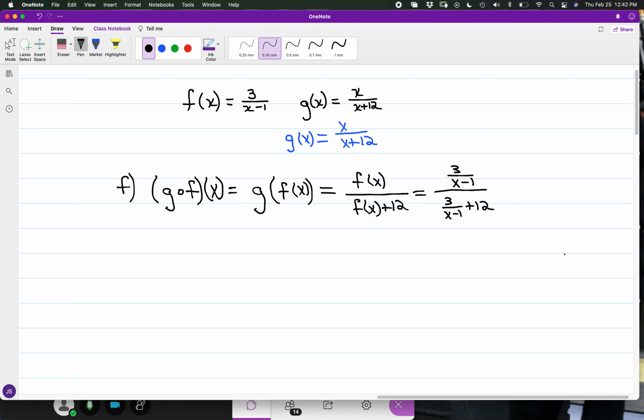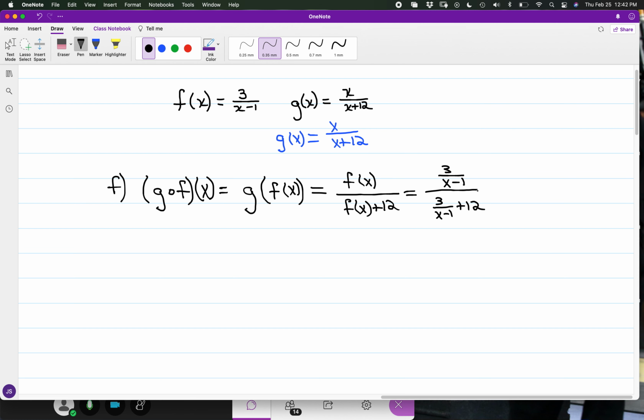Okay, so in one sense we have a bit of history to repeat, for we have another fraction. This time we have a ratio between fractions.